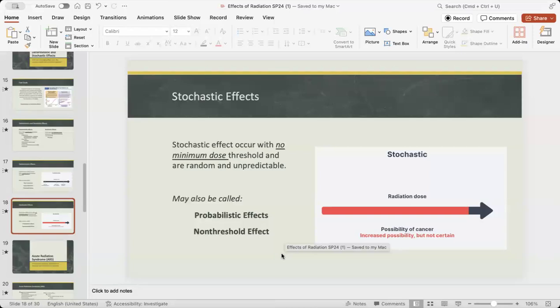With x-rays, it tends to be on the lower side, or you can say more than likely it won't happen because our radiation is not as penetrating and is not as, I won't say strong, but you have alpha radiation and neutron radiation that's going to be a little bit more intense than the x-ray radiation.